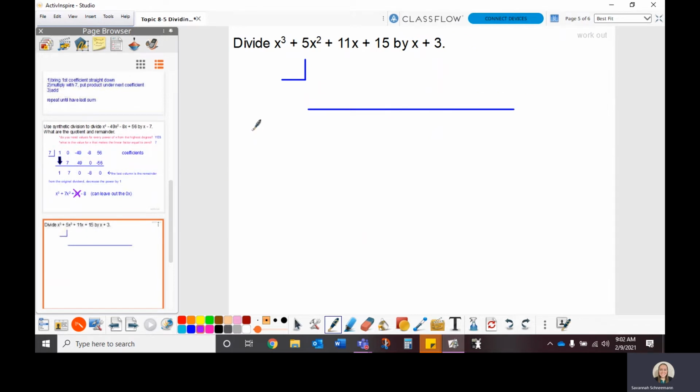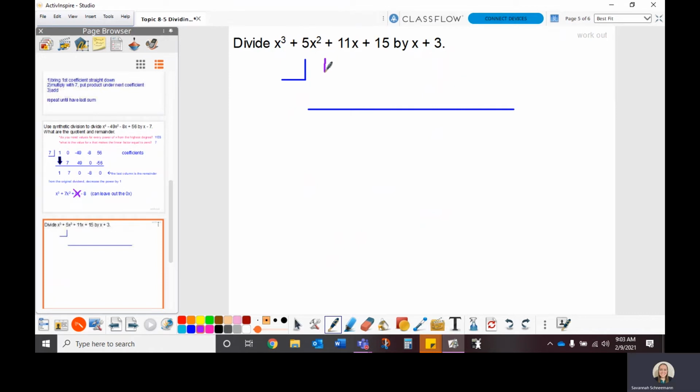So let's go ahead and jump into an example problem. So we have x cubed plus 5x squared plus 11x plus 15, and we want to divide that by x plus 3. So I'm going to start. I don't have any gaps in my dividend.